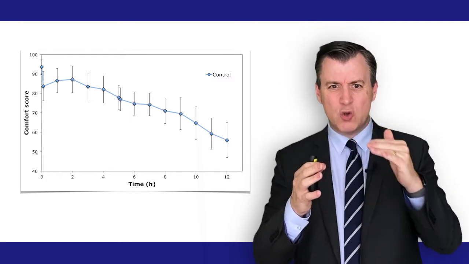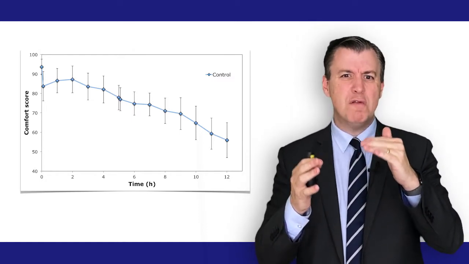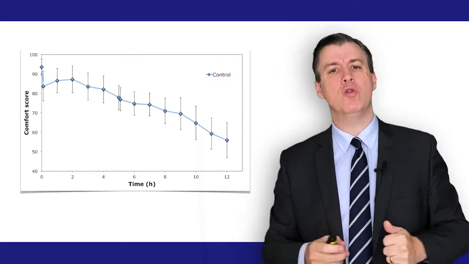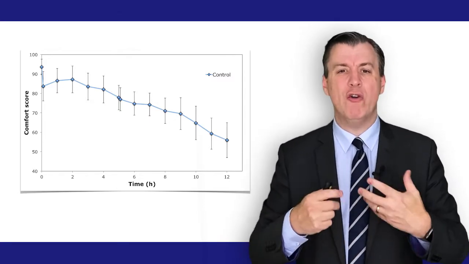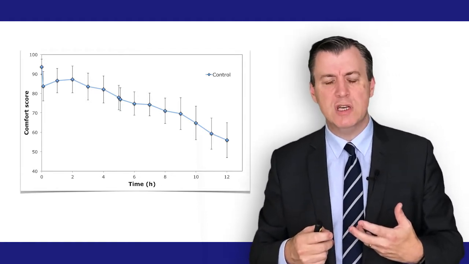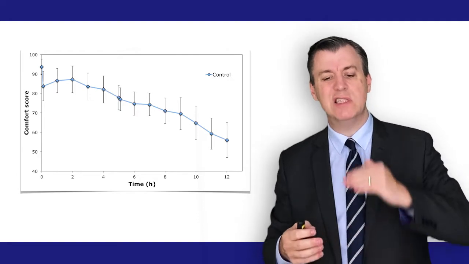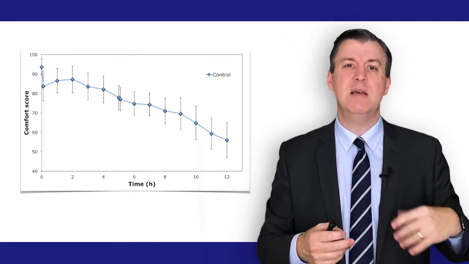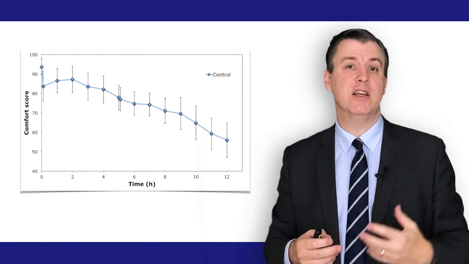We get scores of about 80 for 4 or 5 hours into the day, but thereafter it falls more significantly, so that on average, after about 12 hours of contact lens use, we're getting scores of something like 60. So we see this steady deterioration on average of contact lens comfort, particularly in the second half of the wearing day.